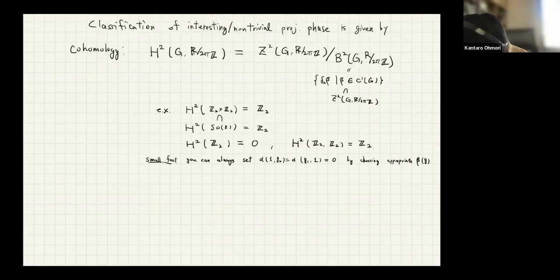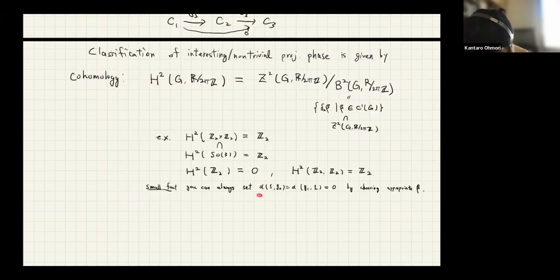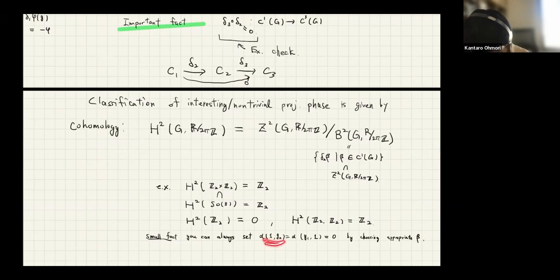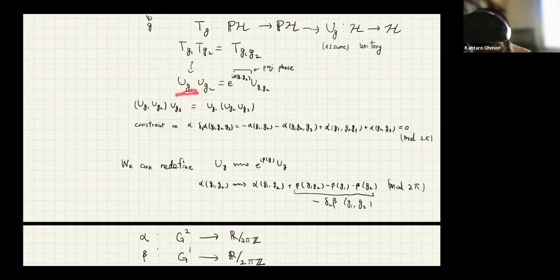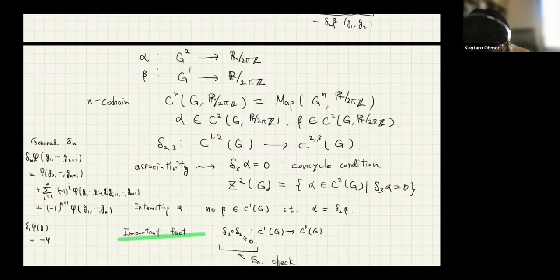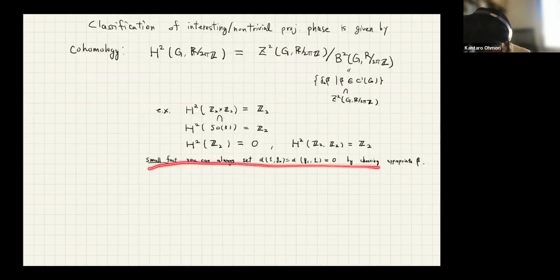Let me assume this. Physically this means that you can always choose the unitary for the trivial symmetry transformation to be the identity, and if U is identity, then you never have the projective case. It's not very obvious from the definition, but it's a small fact.